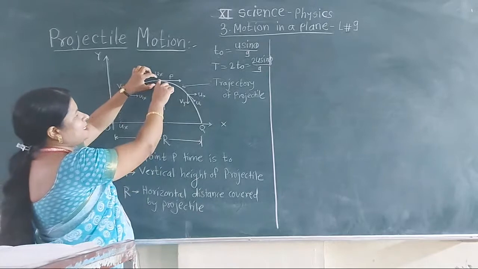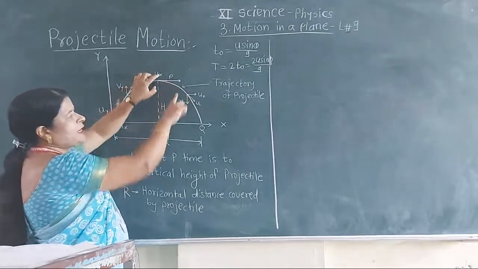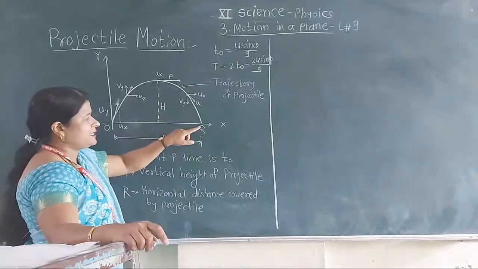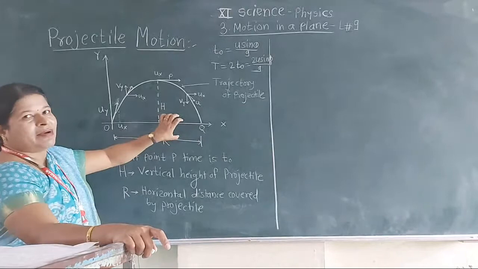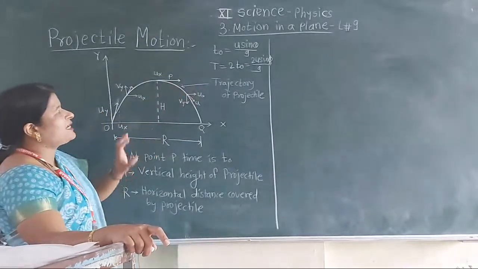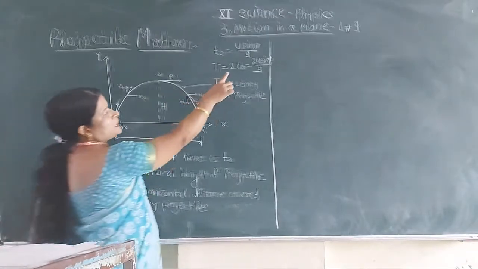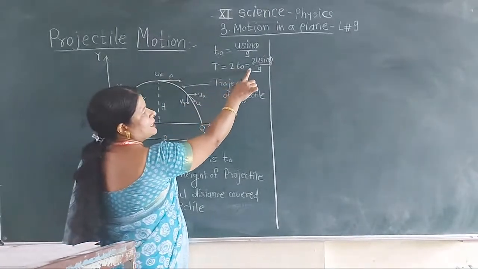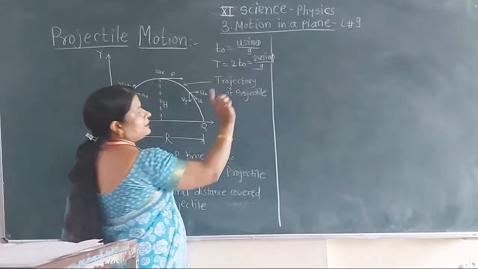From the maximum point, the projectile reaches ground level in the same time, t0. So the total time required is t0 plus t0, that means twice t0, which is equal to 2 u sin theta divided by g.